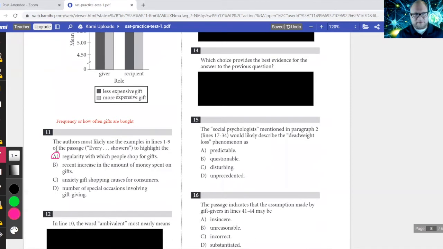Now, the other aspect, just to mention, in regards to effective reading, comes into play when you have the aspect of words in context. In this next question, it asks about in line 10.